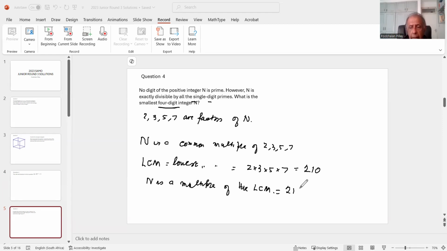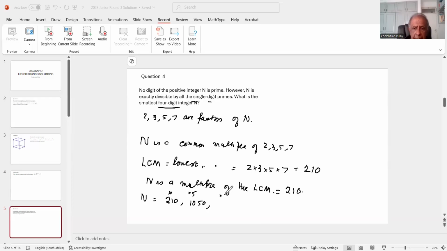So the possibilities for n are 210, but now this is out because it must be a four-digit number. To get to a four-digit number, the first time you come to it is times 5. When you multiply this by 5, you get 1050.